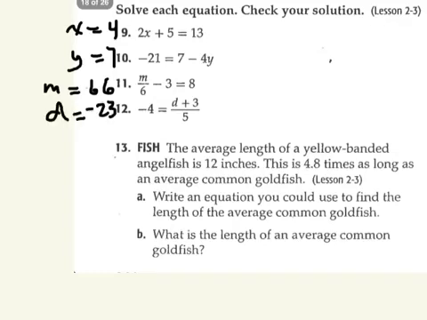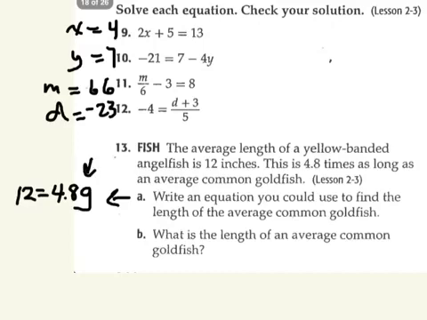Okay, number 13. We're given this information. The average length of a yellow-banded angelfish is 12 inches. This is 4.8 times as long as the common goldfish. We need to write an equation for part A. So I'll do just like what we usually do. The 12 for the length of the angelfish is 4.8 times as long as the length of an average goldfish.